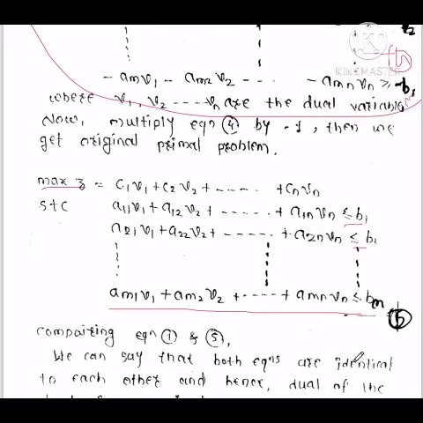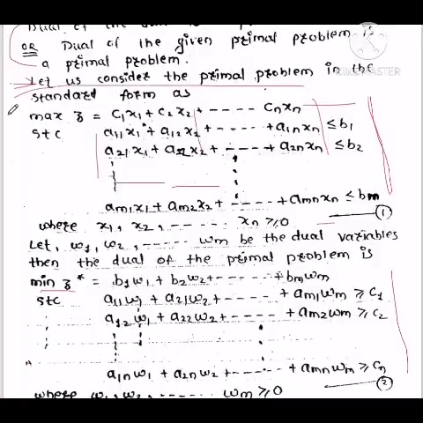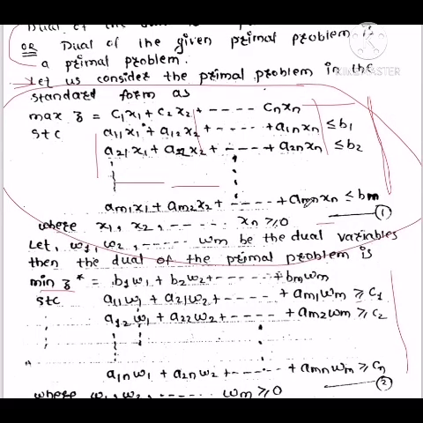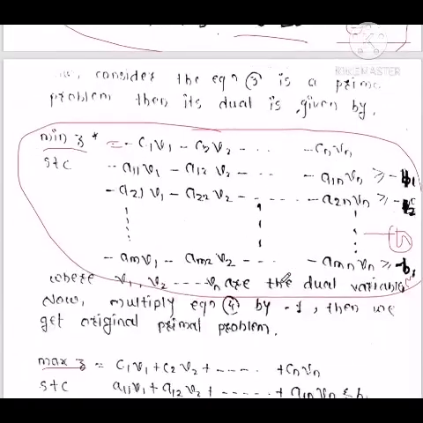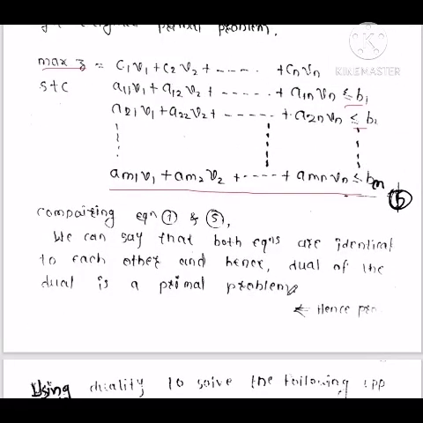Now if you compare equation number 1 and equation number 5, where is equation number 1? This is equation number 1. If you compare equation number 1 and equation number 5, you will see that both equations are identical to each other. Hence we can say that the dual of the dual is the primal problem.